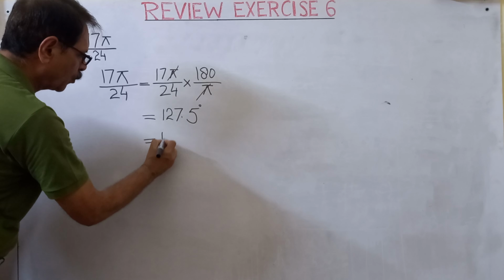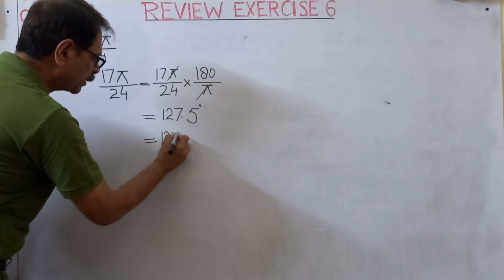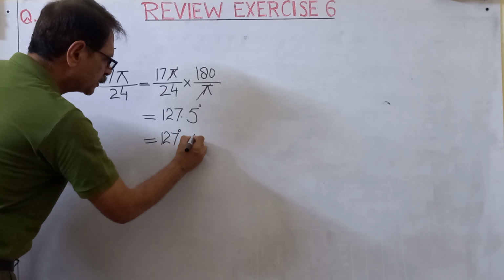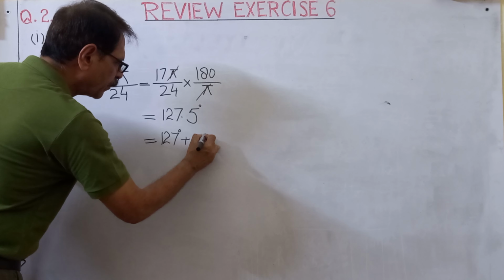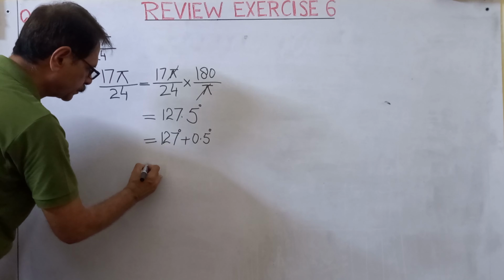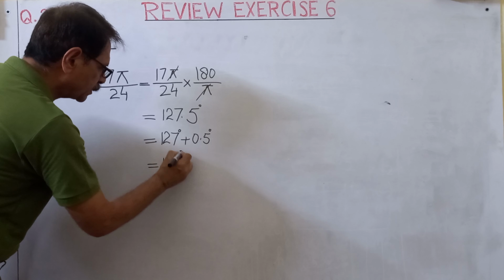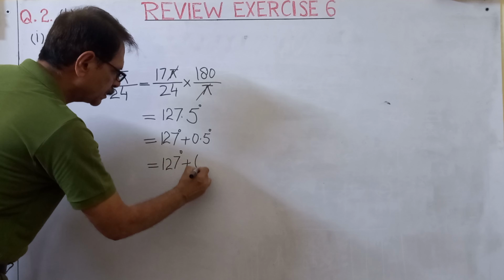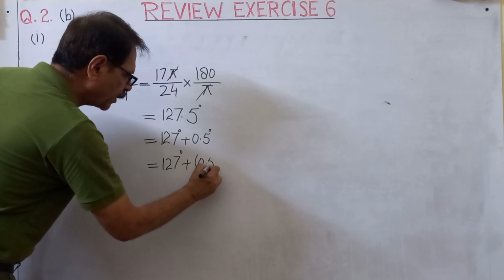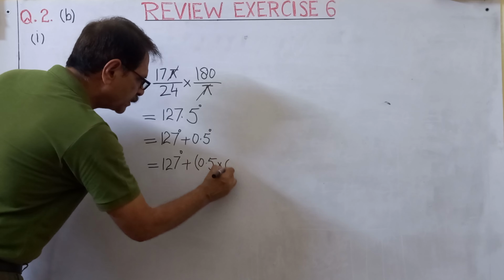This is equal to 127 degrees plus 0.5 degrees. 127 degrees plus 0.5 multiplied by 60.